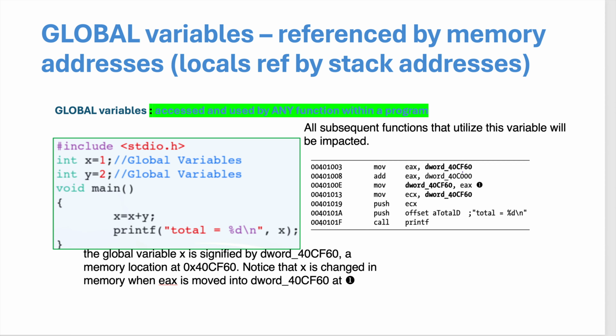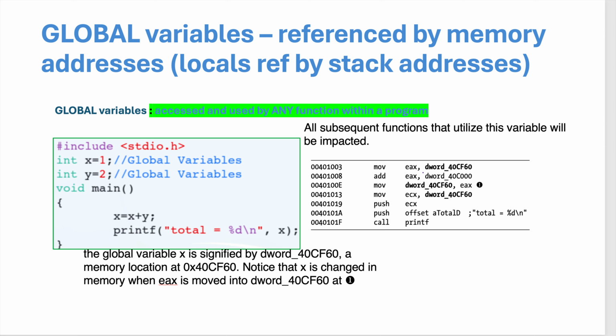That is the memory location 0x40CF60. And notice the x is changed in memory when EAX is moved into dword. It is moved into dword because we have x equals x plus y.